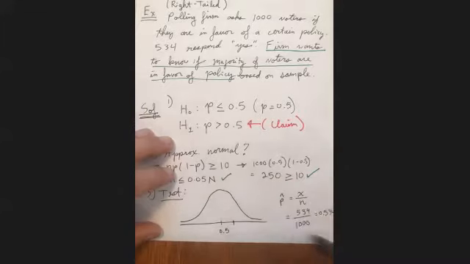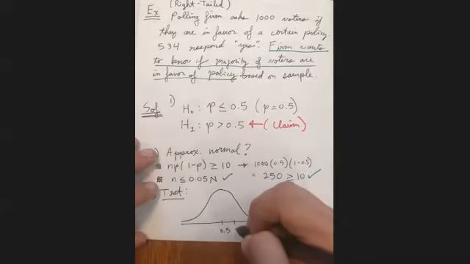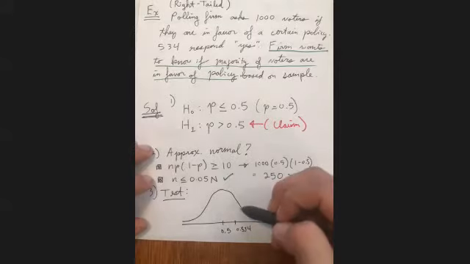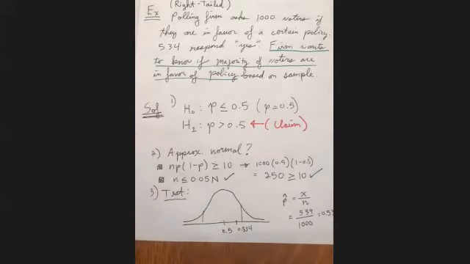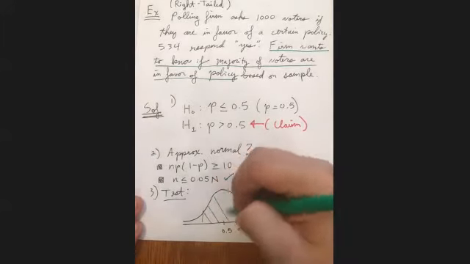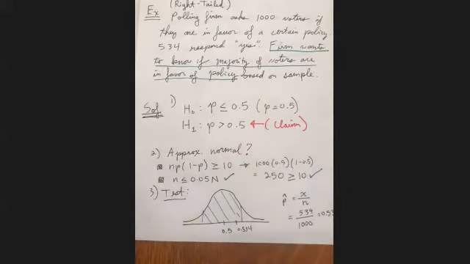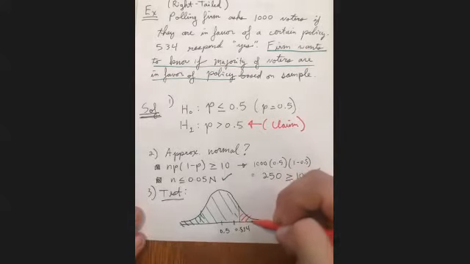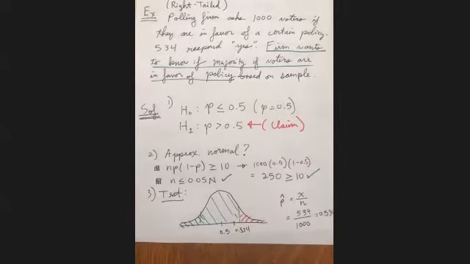So that's somewhere over here, 0.534. The question is, how far over is it? Is it within the main body of the distribution, or is it in the tail, somewhere over here?